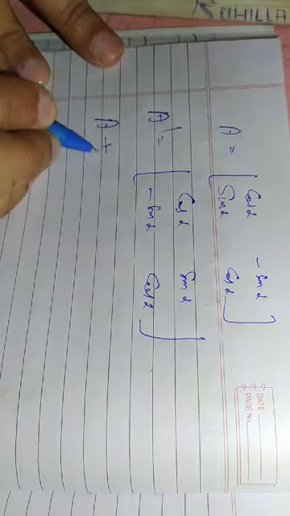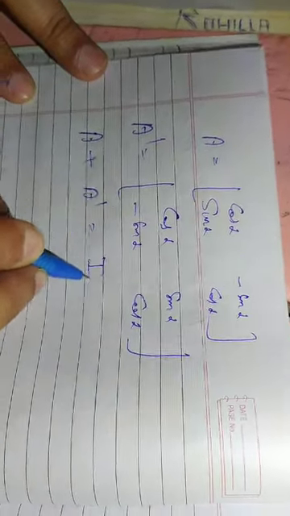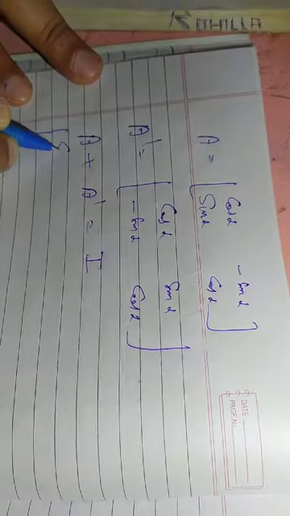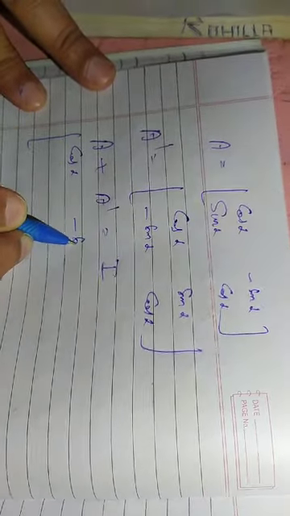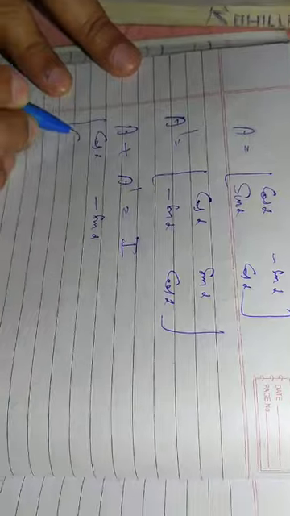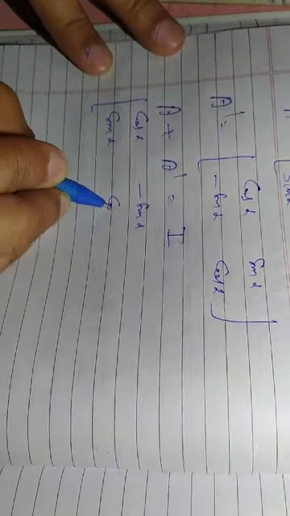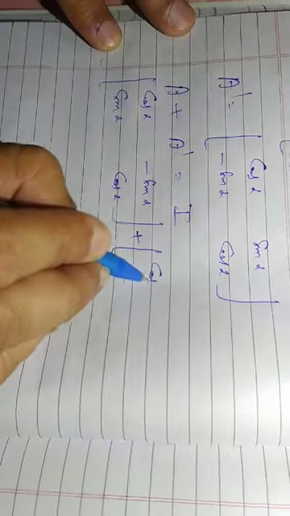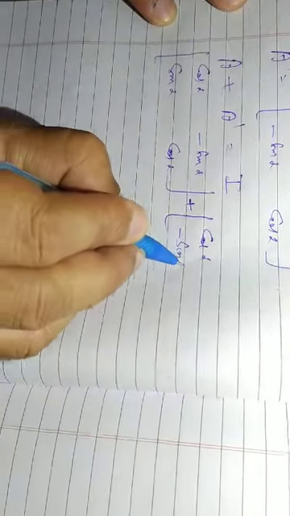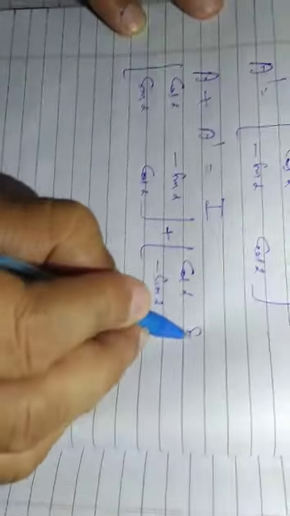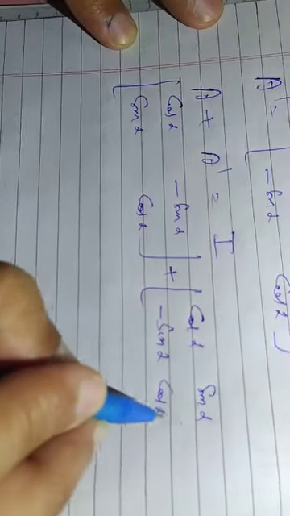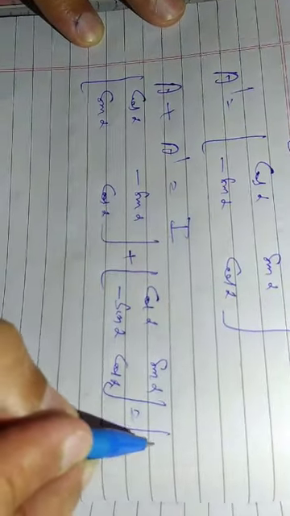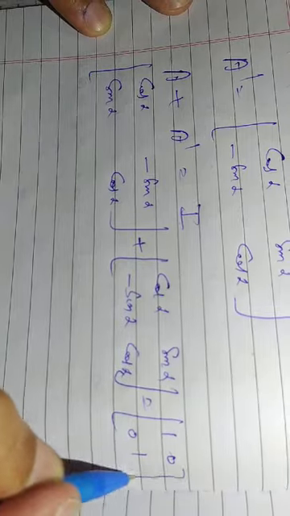A plus A transpose is equal to the identity matrix, 1, 0, 0, 1.